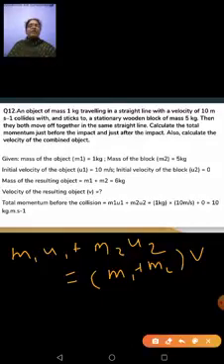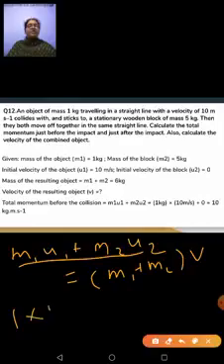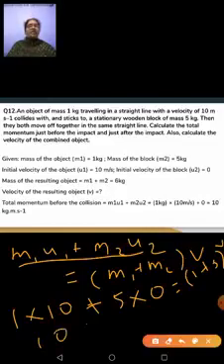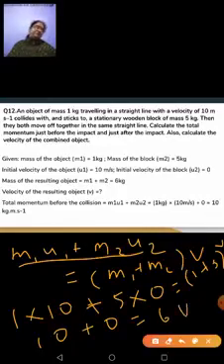Now we'll first calculate m1 u1 plus m2 u2. Mass of the first object is 1 kilogram and its velocity is 10 meter per second. Mass of the second object is 5 kilogram. Initial velocity of the second object is 0 meter per second, which is equal to (m1 plus m2), the mass of the first object plus the second object, into v. So now 1 into 10 gives me 10 plus 0, which is equal to 6v.